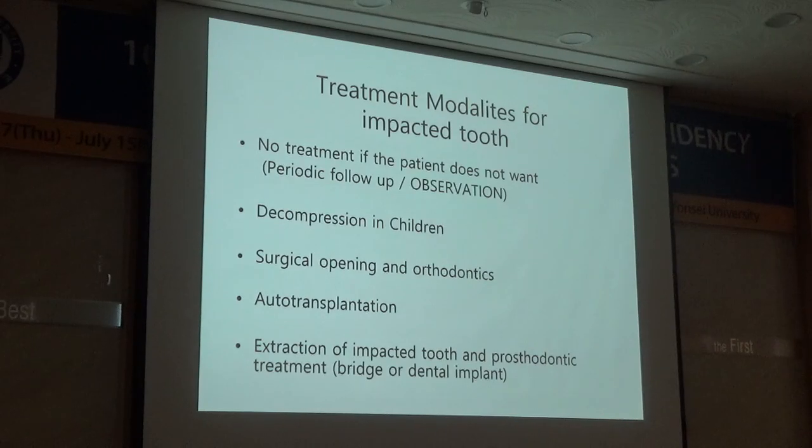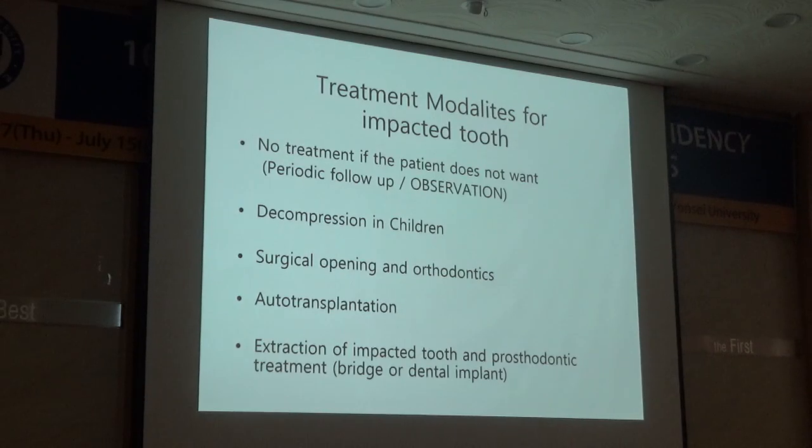And then, when we use the impacted tooth, we can choose three options. One is surgical opening and then orthodontics. The second is autotransplantation. And a very unique choice is decompression.